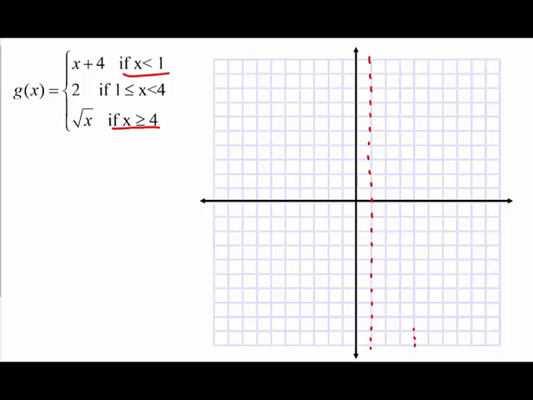So I'll put a dashed line there. And I've also got this area between those two dashed lines. So it's kind of broken into 3 pieces. So again, just like last time, I'm going to let my first piece be green, my second piece be blue, and I'll put my third piece in red.